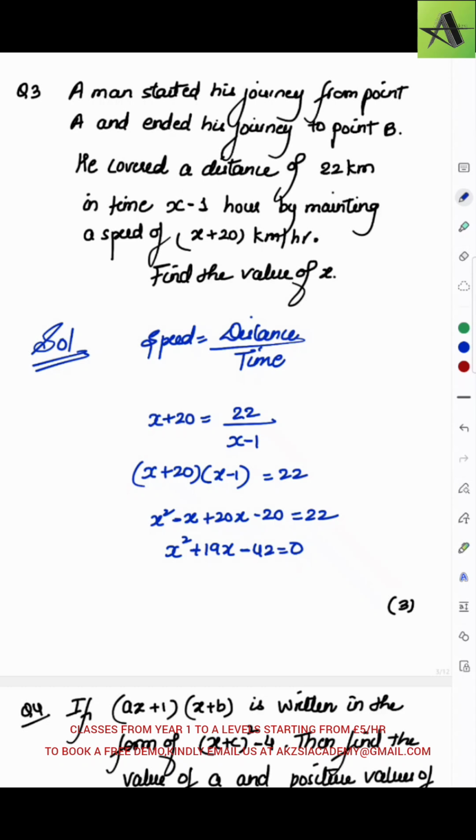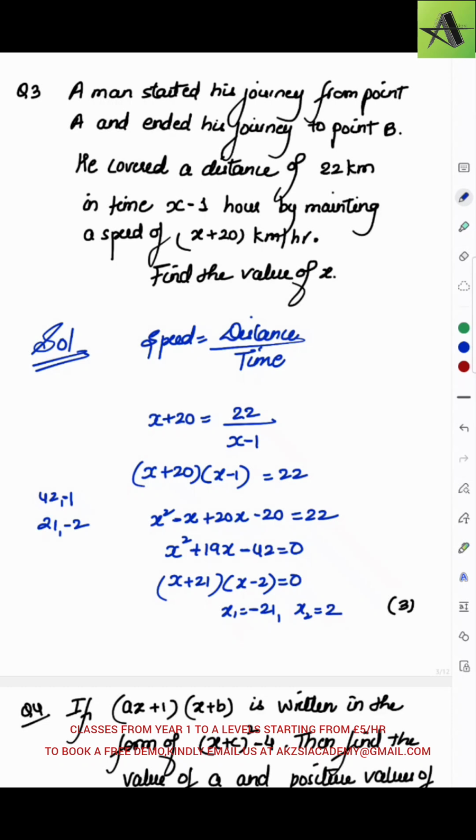So the product for minus 42 is minus 42 over 1, because the sum is positive, so the greater number should be positive. Now 21 and minus 2, okay, we got the numbers. The two numbers are 21 and negative 2. So x plus 21 times x minus 2. So values of x are x1 as negative 21 and x2 as positive 2.